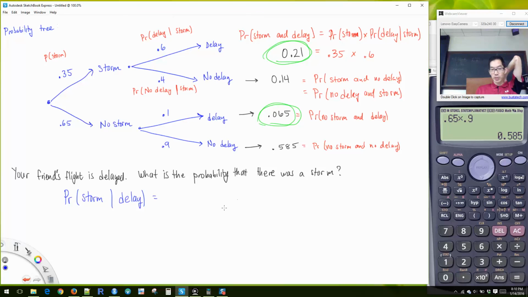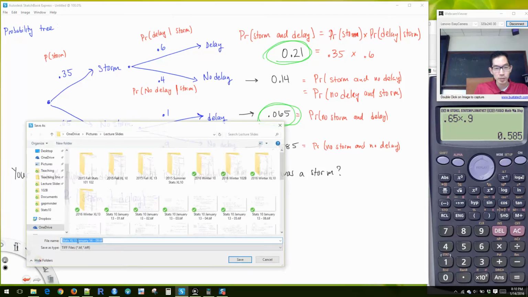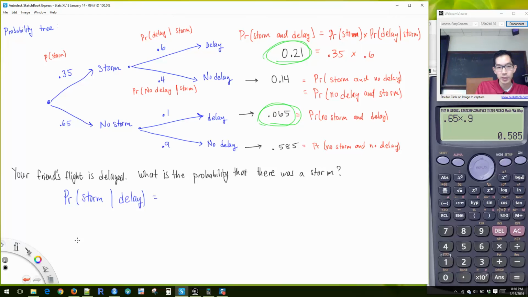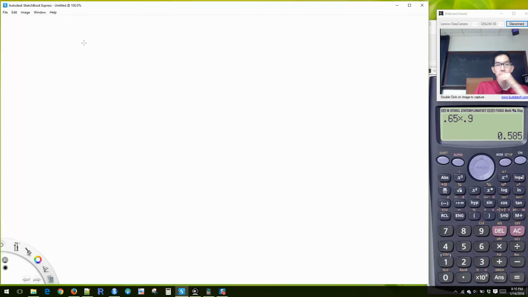Okay, so what would we do? Well, let's step back for a second. I'm going to flip to a new slide here. So earlier we said the probability of A and B is equal to the probability of A times the probability of B given A. This was our rule from earlier.